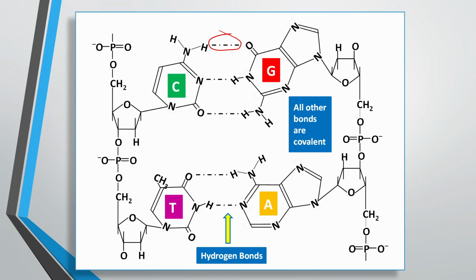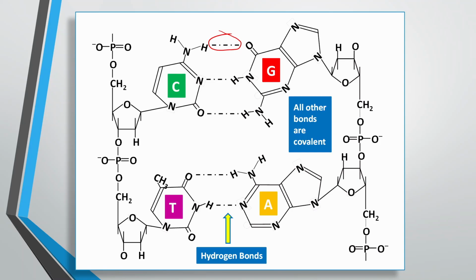A hydrogen bond is the interaction of a hydrogen atom and an electronegative atom, like a nitrogen or an oxygen, of another molecule or chemical group. The hydrogen must also be covalently bonded to another electronegative atom to create the hydrogen bond.